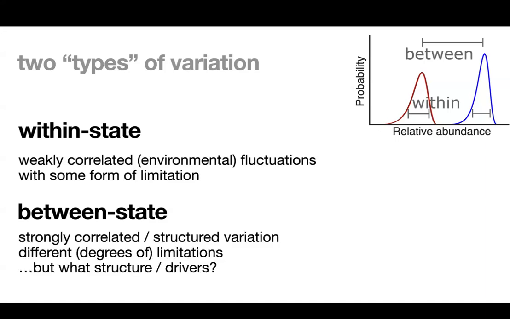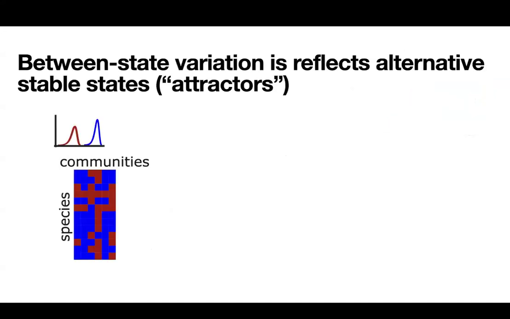And then we have this between state variation, and this is where the ecological signal really lies, where there is strongly correlated structural variation, and this corresponds to different degrees of limitations. And so the first one we understand, it's easy, simple, and somewhat boring. The second one is where really the meat, the juice is, the ecological information.